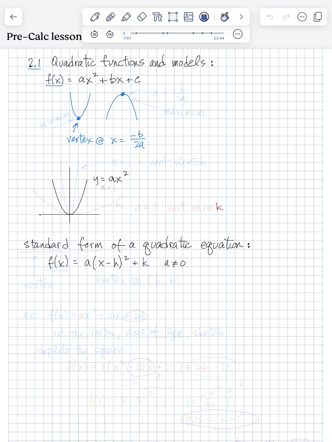Likewise, if it opens down, we still have a vertex, and the x-coordinate here is still going to be x equals minus b over 2a. Now, another thing we know, this is also called a minimum point, and this vertex is called a maximum.